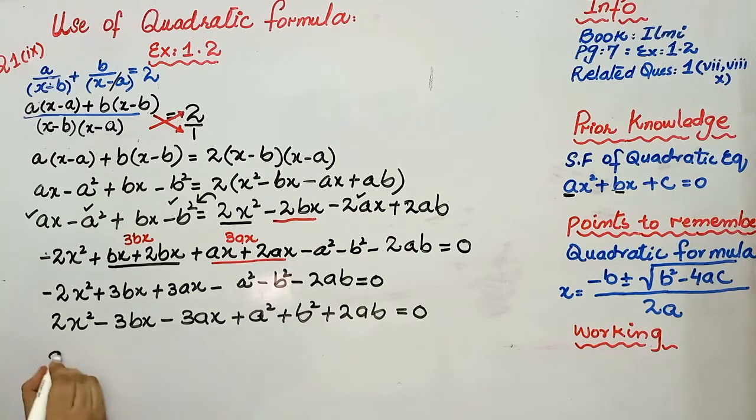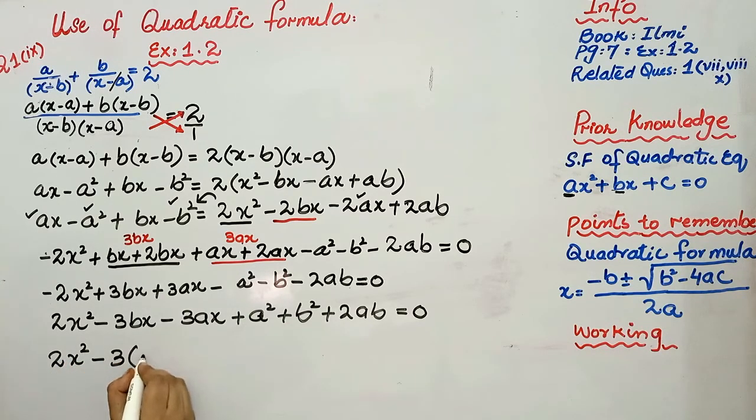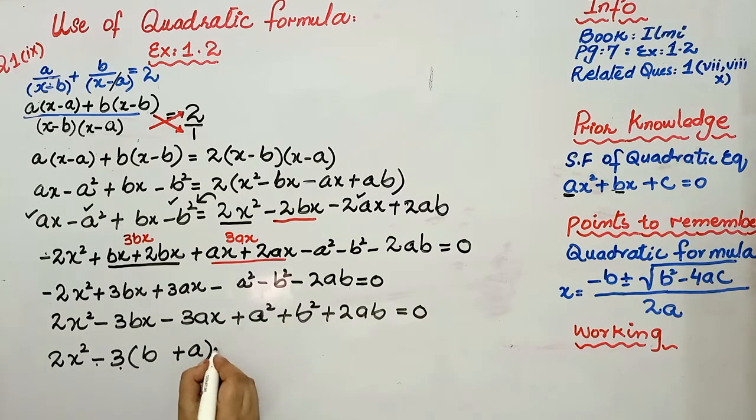Here you can see that minus 3 is common. It will be bx positive plus ax, and I am taking that x out, so it will be minus 3 b plus a into x, as I have to make the coefficient of x square, coefficient of x as well as the constant term.